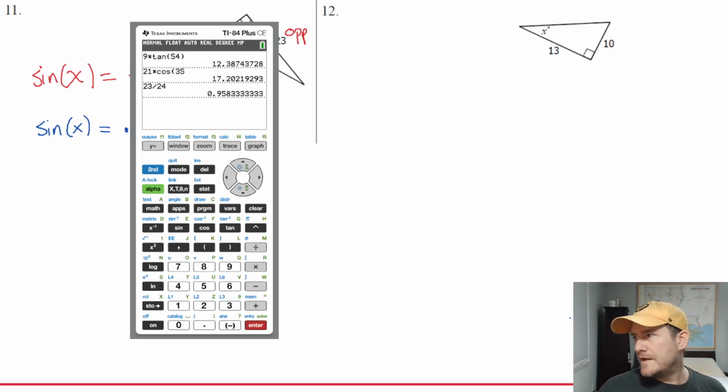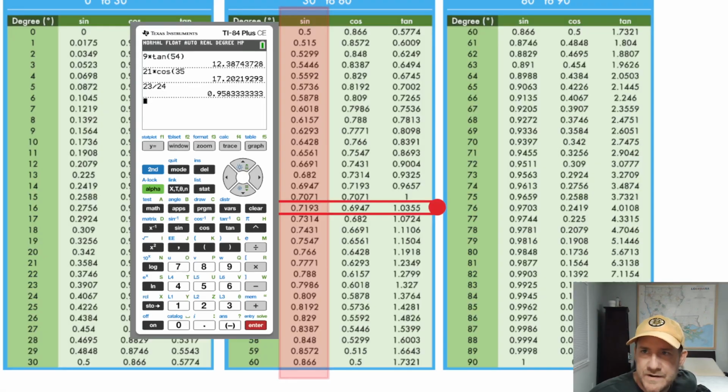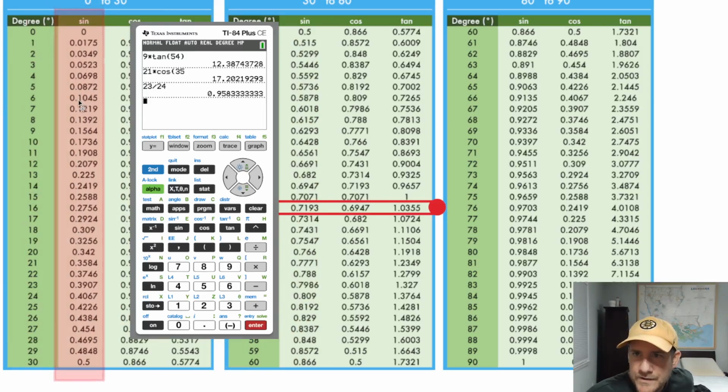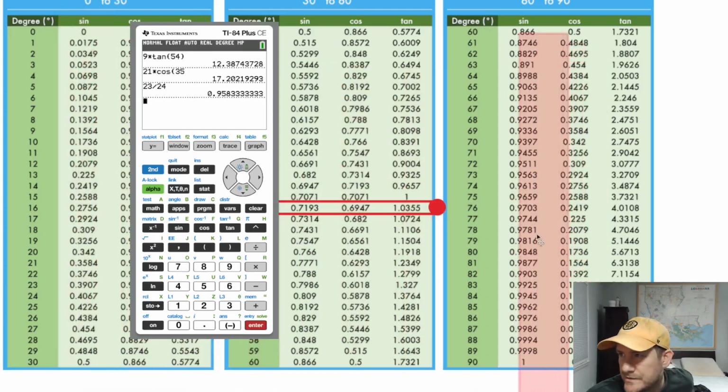Okay, and then from here the idea is, well, I could just use my trigonometry chart in reverse. I'm looking for 0.9583. So let's come over here to the chart and hunt through the sine column. So literally just start at the top and scroll down. You're looking for 0.95, okay, we're way off from 0.9533, right? Looks like that's going to be over here.